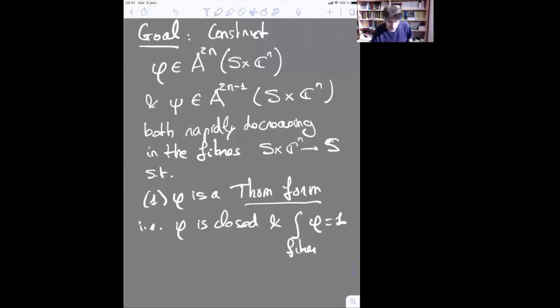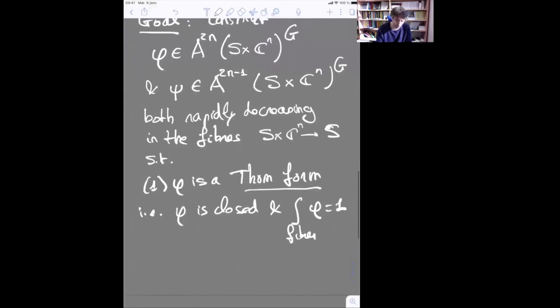And one important feature I forgot to mention is that I want this form to be G equivariant, so G invariant. So I want this form to behave well with respect to the G action. It's not hard to build a Thom form in general, but the point here is to build it in a G invariant way. And so this will be the use of phi. Phi is a Thom form.